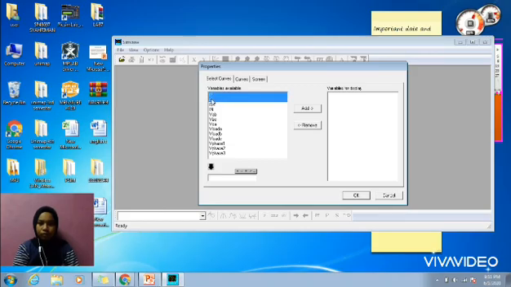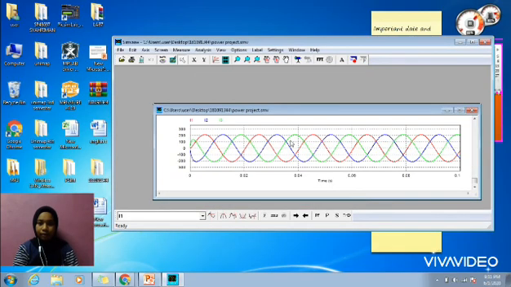So we want to look at the value of I1, I2, and I3. This is equal to the I line. Since, as I said just now, the circuit is in balanced condition, the value of the current and voltage should be the same.